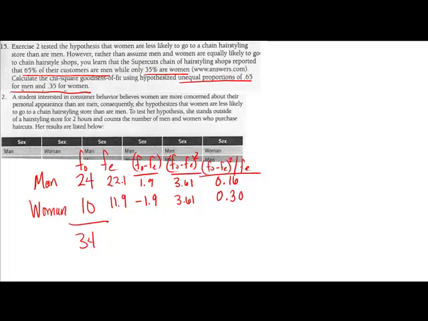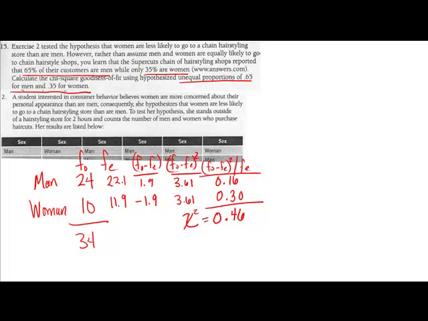We have to add these together to get our chi-squared, because remember chi-squared is the sum of these for each of the categories. So that's 0.46. So our chi-squared, remember you got to make it a squiggly line, for a chi is 0.46.